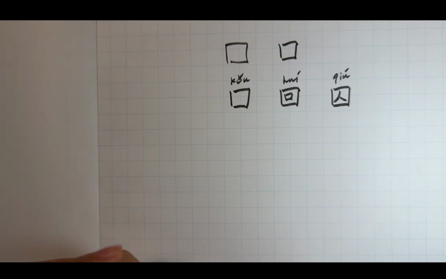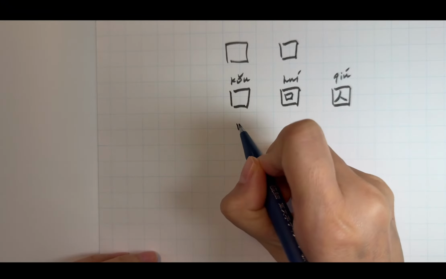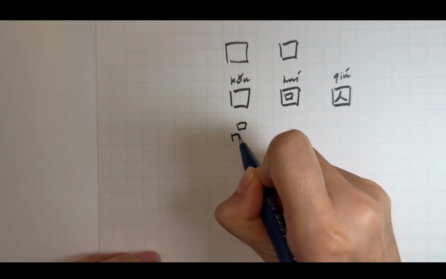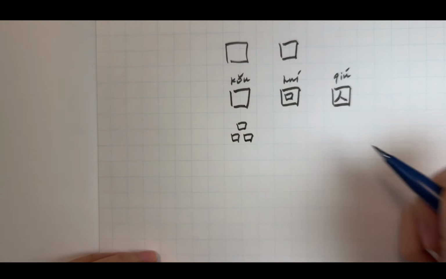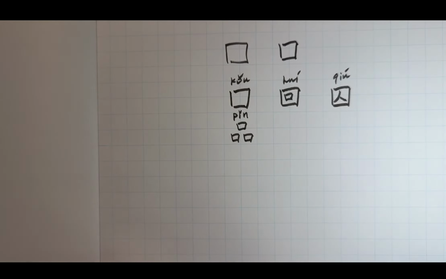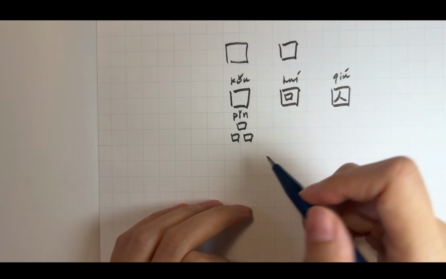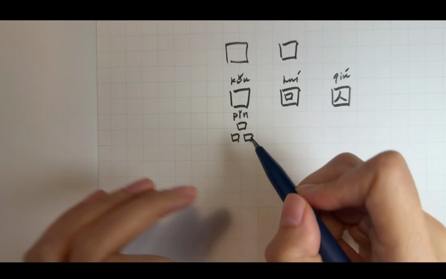And sometimes you will see the 口 become part of characters. You can stack them up. So this is 品. You can put them together and stack them up. And sometimes the 口 is just a radical. We'll go through more complicated characters like this later.